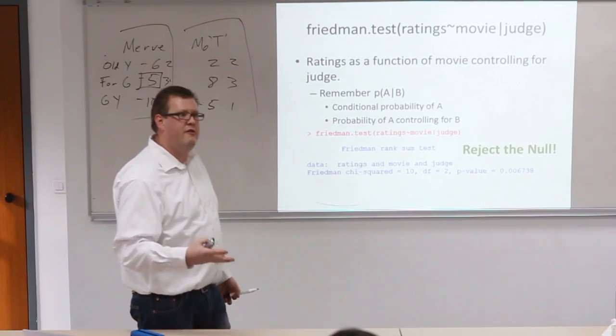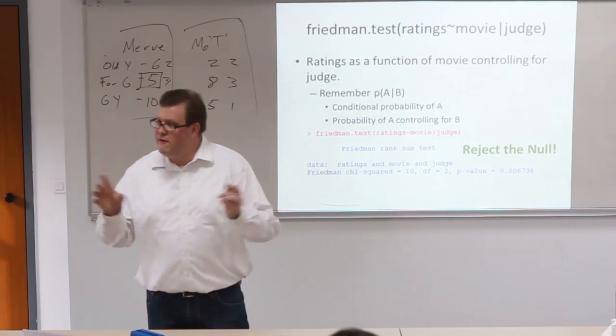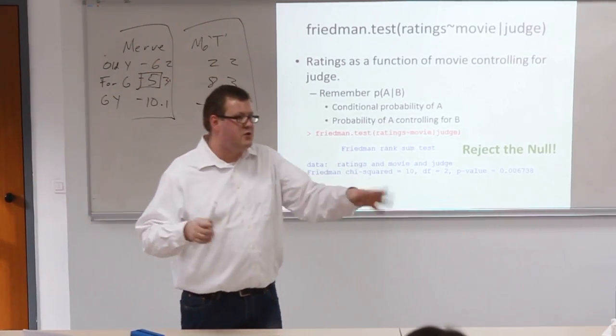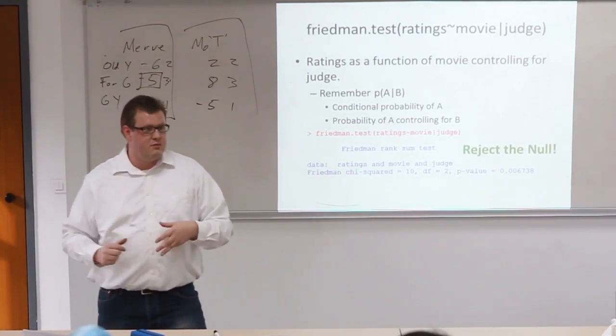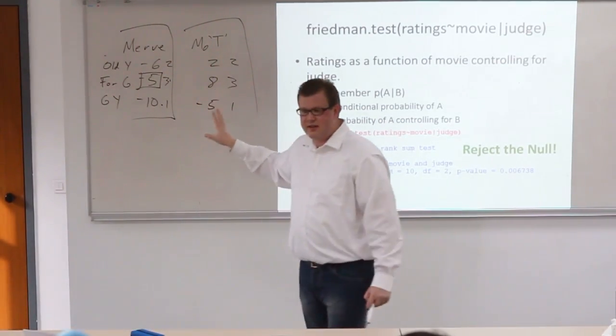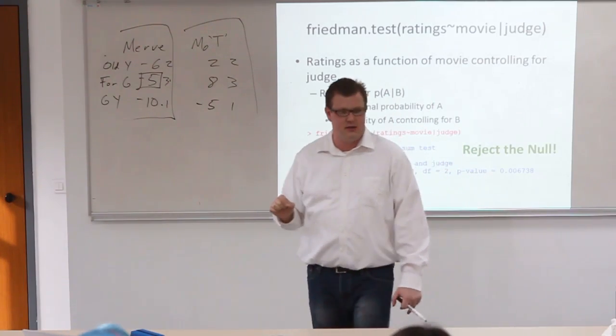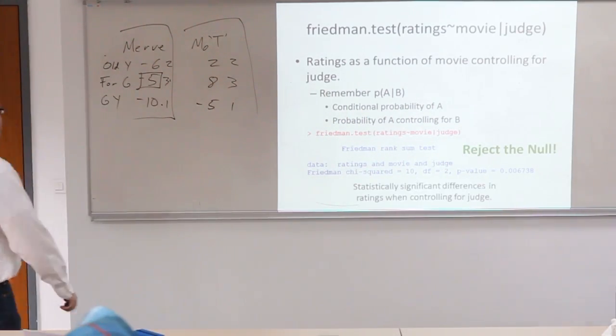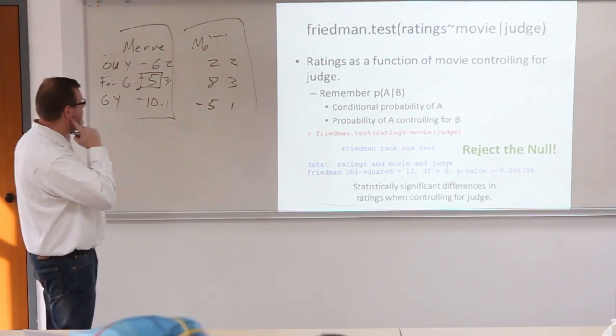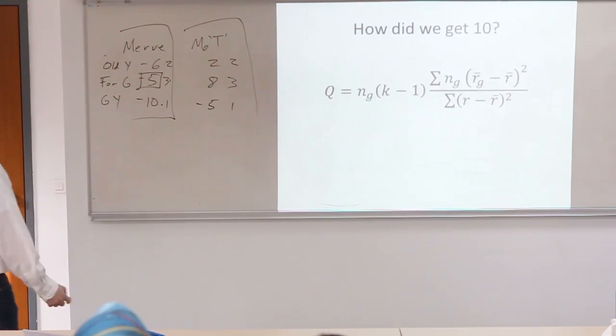So this is a bit more powerful. When we can account for the differences in individual raters or individual things by pulling out variance, which we did something like that here. It's a bit different because we're ranking things. Basically what we're doing is we're getting rid of error, or we're accounting for error. So we have statistically significant differences in ratings when we control for judge.